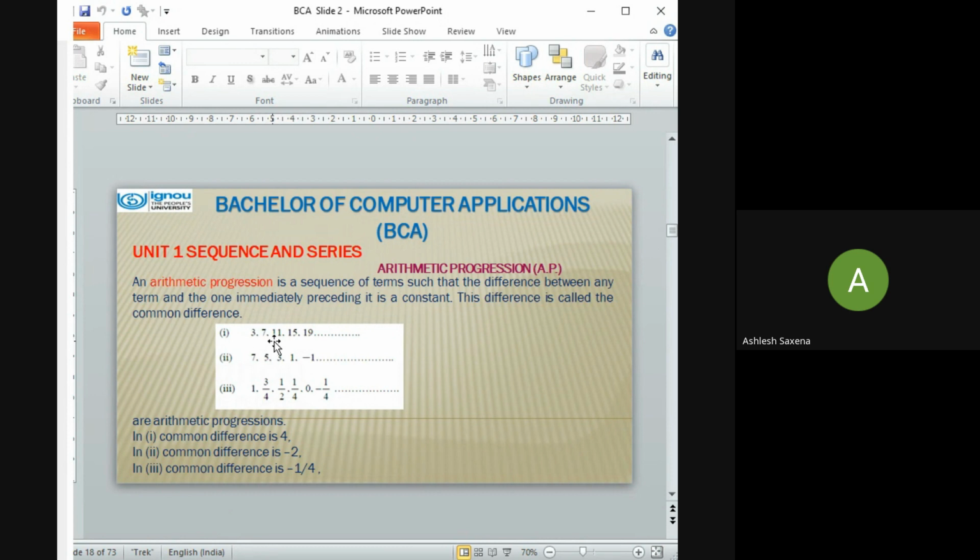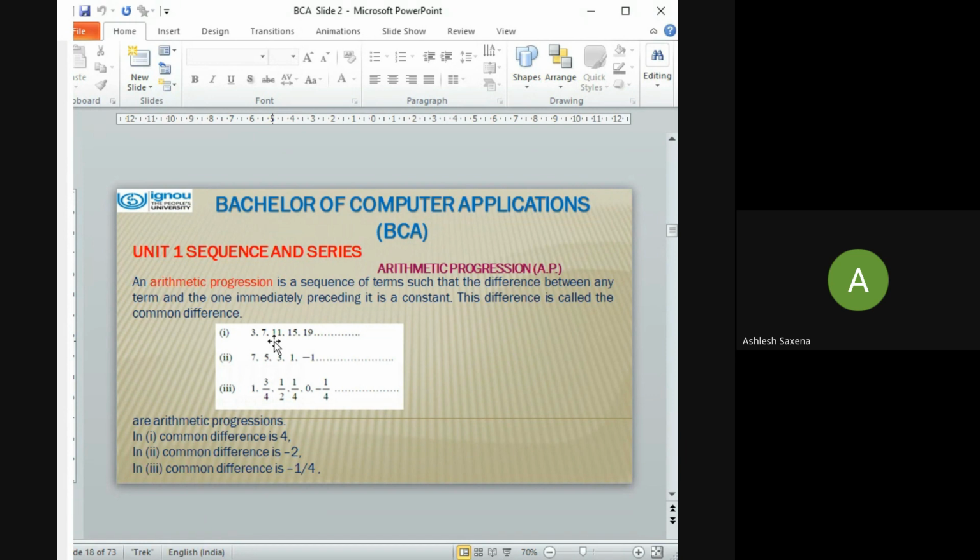What is the difference between 11 minus 7? Okay. Now move to the second series. What is the common difference? Common difference is second term minus first term.